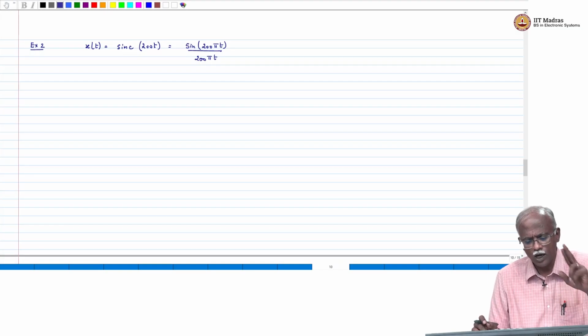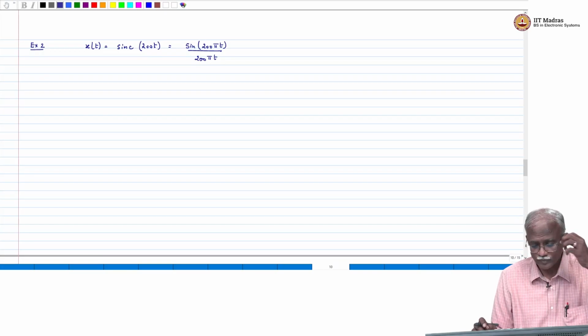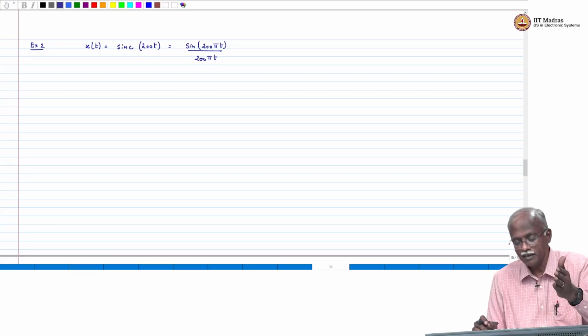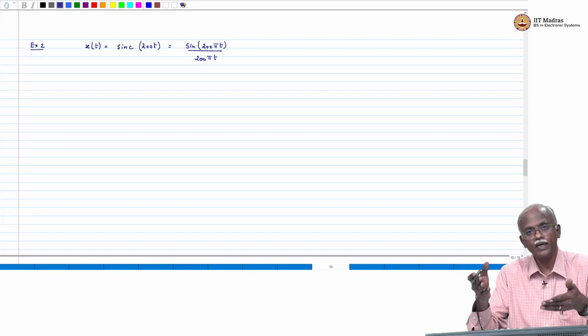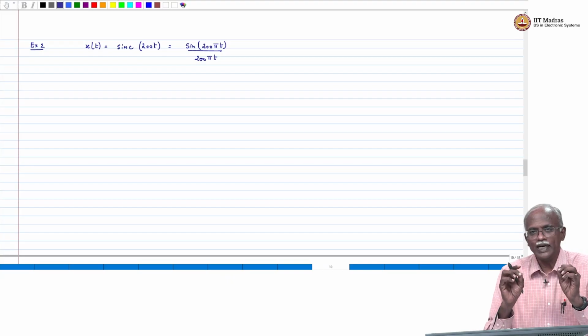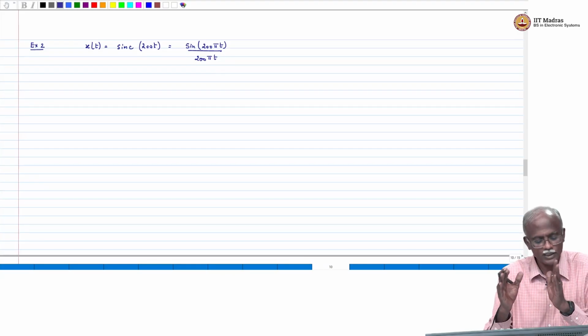The question is, what is the highest frequency component in this particular signal? There may be a tendency to say, I see sine in the numerator, so the highest frequency component is 100 hertz, and the sampling frequency should be 200 hertz. But I would like you to be a little bit careful in this one. Let us see what is the correct way to understand this.